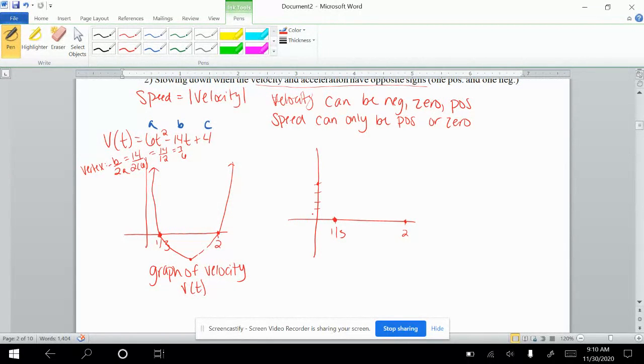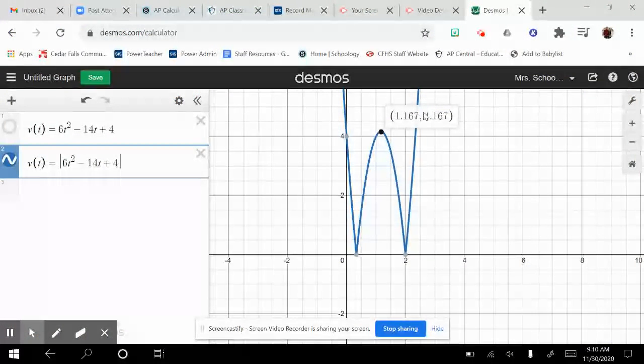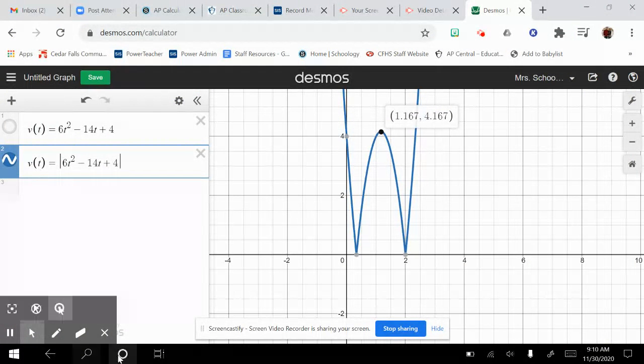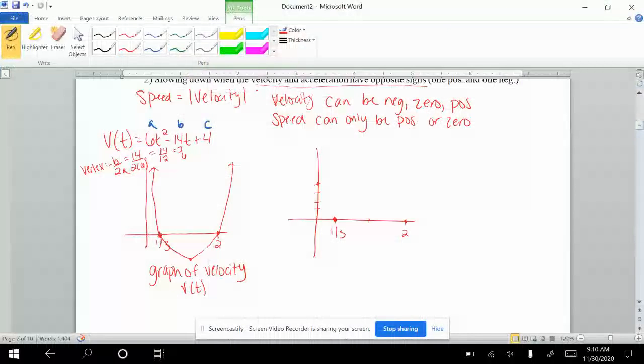And then 7/6 will be somewhere over here, right in the middle. If you plug in 7/6, you get a value of 4.16776. So I'm just going to do my best here to get this graphed correctly.